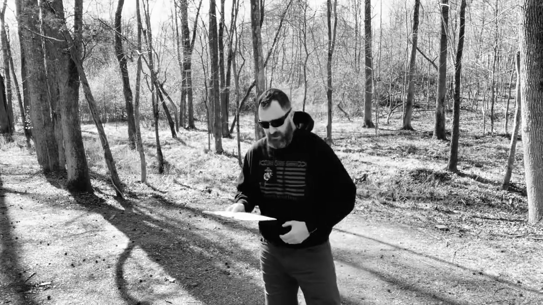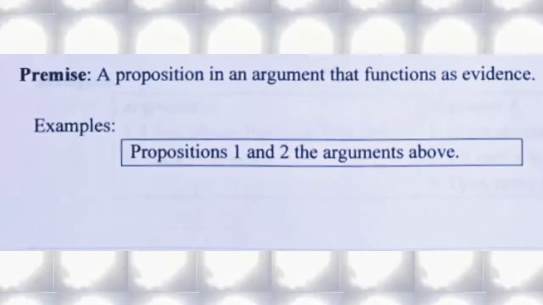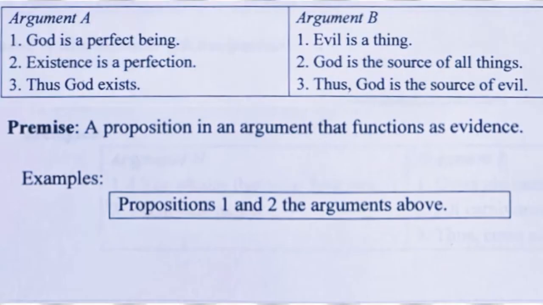The next notion we're going to discuss is a premise. A premise is a proposition in an argument that functions as evidence. If we want examples of these, we can look at propositions number 1 and 2 in arguments A and B above. Those are both premises because they're propositions, they're sentences that can be true or false, and they're functioning as evidence for another claim, namely the claim in 3 in each argument.